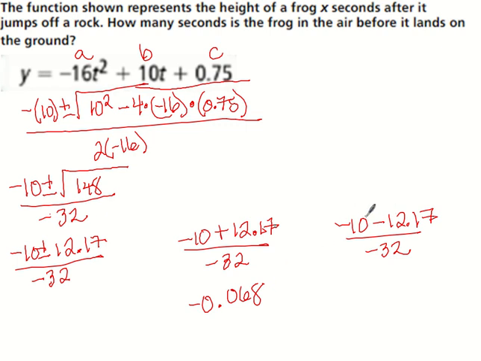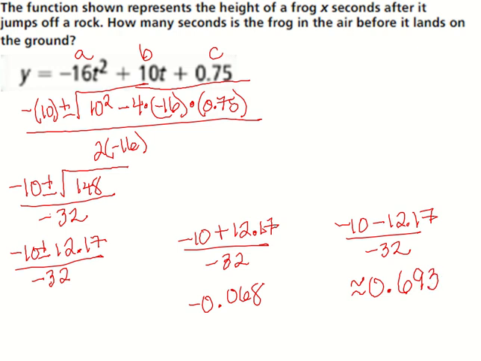If we take negative 10 minus 12 and 1700ths, that's negative 22 and 1700ths divided by negative 32 gets us approximately, and it is a small decimal as well, 693 thousandths. Now, this is a story problem.